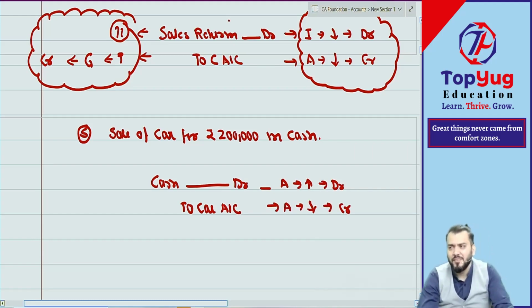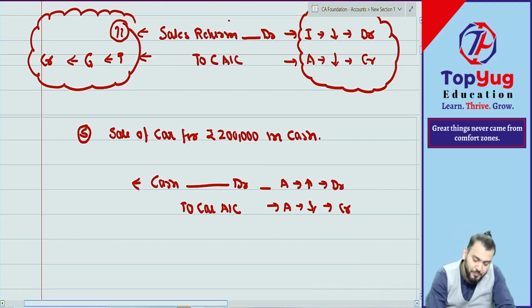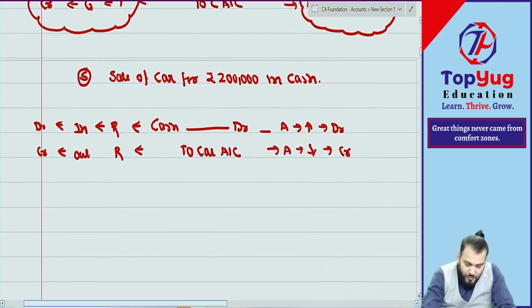Very simple. Correct. Now coming to traditional. Cash is what? Real account. Car is what? Real account. Cash is coming in. Car is going out. So it will be debited and this will be credited. Okay. Understood.